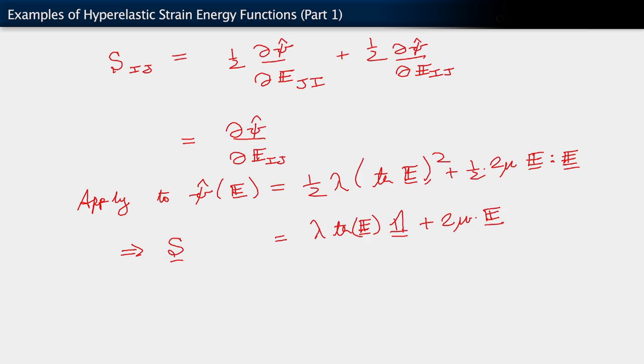It's symmetric, and it's symmetric because, of course, the first order isotropic tensor is symmetric and E itself is symmetric. So we do indeed get that S is symmetric. Okay, so we see, of course, that S equals S transpose.